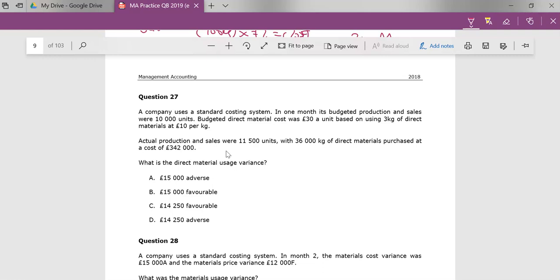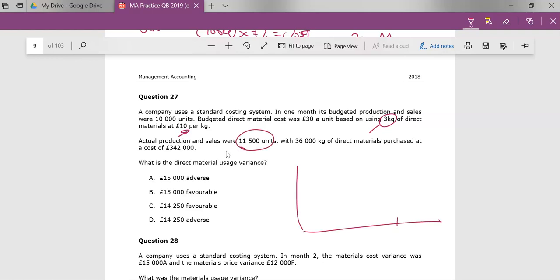Question 27 asks, what is the usage variance? I'm sure you're reading the question before we get here. You're always looking for the standard inputs. I expect you to use 3 kilograms to make each unit.